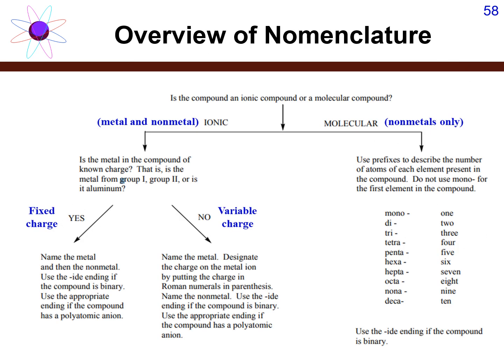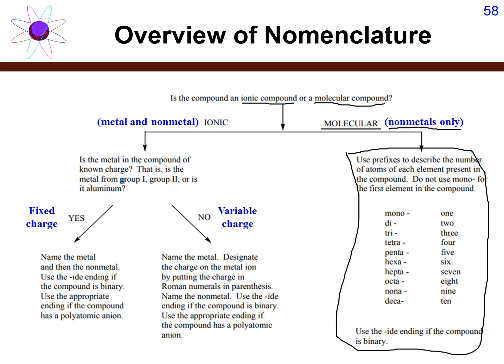Okay, so here's an overview of what we talked about. First, you need to be able to distinguish between an ionic compound or molecular compound. If you look at a compound and the only thing in there is nonmetals, it's a molecular compound, and you're going to follow these rules here with the Greek prefixes. If it's ionic, if you see that it has a metal and a non-metal in there, you have to ask yourself, well, is it a group 1 metal, group 2, or aluminum?